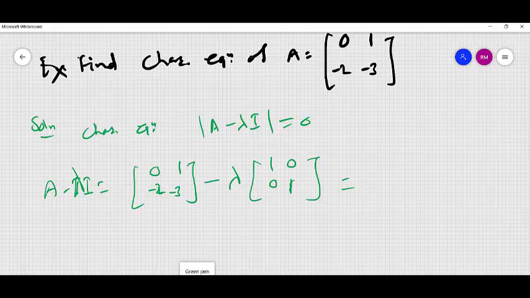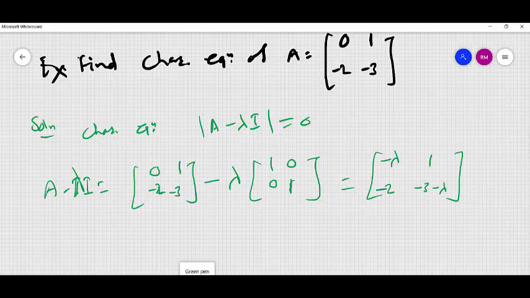So subtraction of two matrices is again a matrix: 0 minus lambda means minus lambda, 1 minus lambda into 0 means 1, minus 2 minus lambda into 0 means minus 2, minus 3 minus lambda.